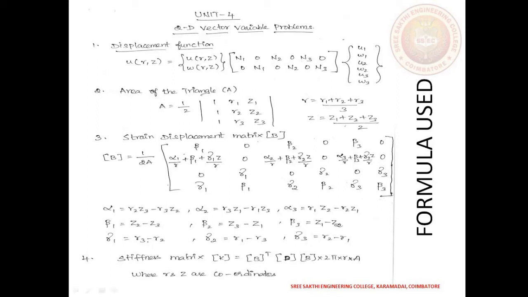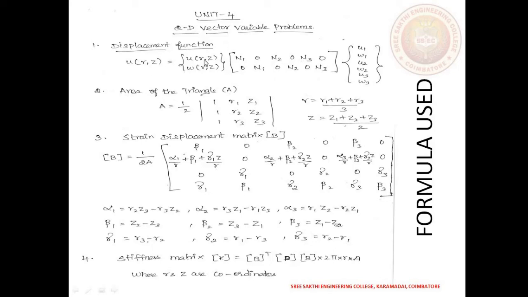First, you are going to see the displacement function. The displacement function is u equal to u of r comma z. In the previous unit we discussed x comma y, but here it is r comma z because it is an axisymmetric problem. An axisymmetric problem is nothing but rotational, so the axes are represented by r comma z.